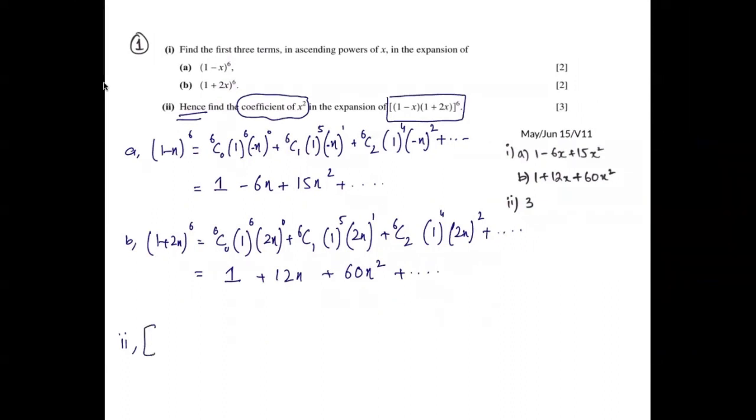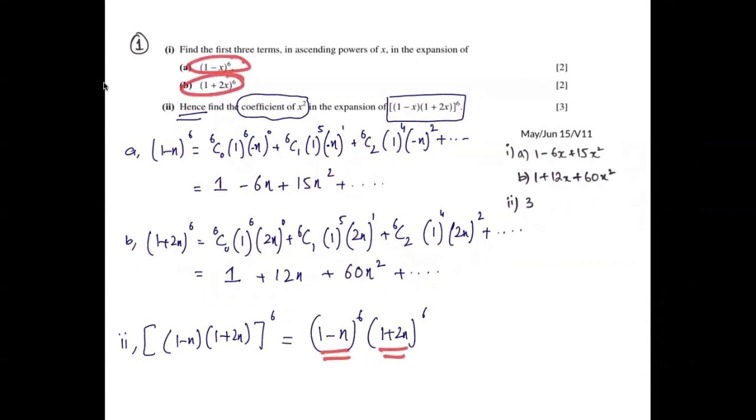Now, 1 minus x times 1 plus 2x has a combined power of 6, okay? That means the power 6 is on 1 minus x as well and 1 plus 2x as well. Now isn't these the same expressions that you have expanded in the first part till the first three terms?